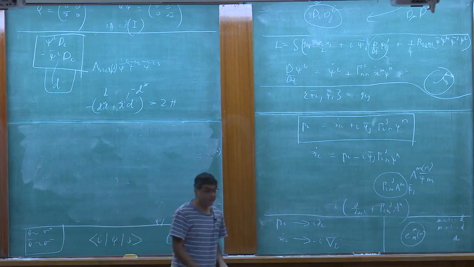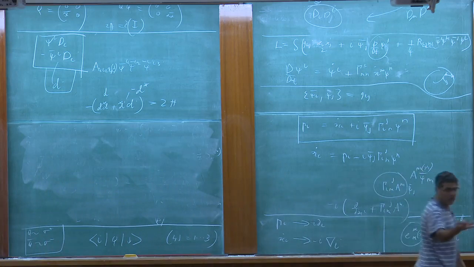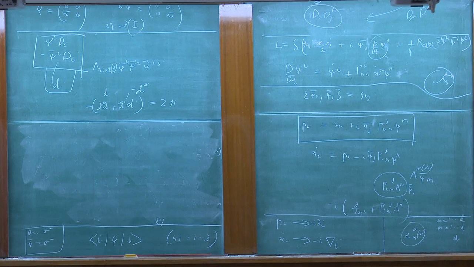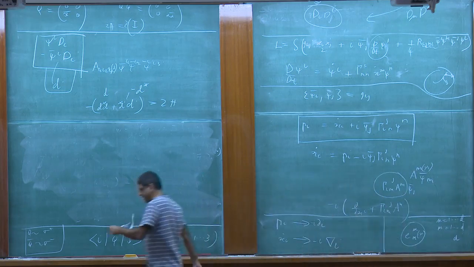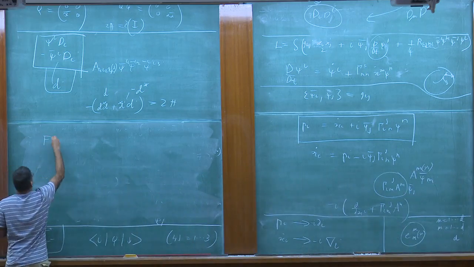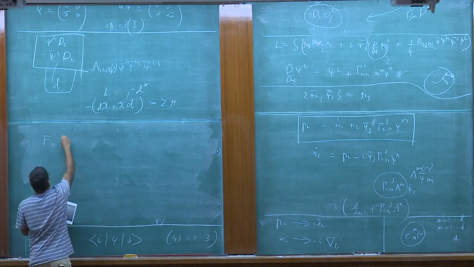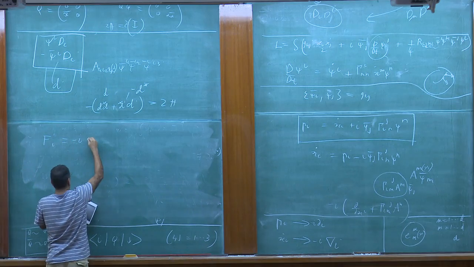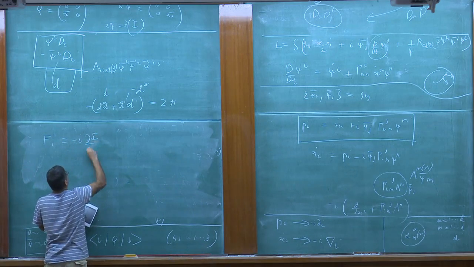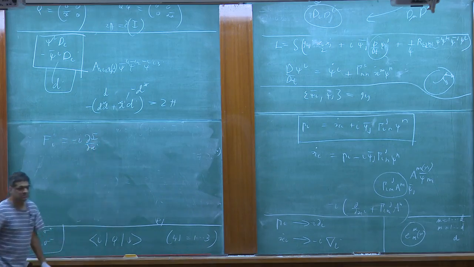He said, you forgot the F term. But we forgot the F term because F was 0 in the absence of this potential function. But now the F is back, so we have to take it into account. Let me remind you that in an earlier class we found that F_i was equal to minus i ∂h/∂x^i, the derivative of the superpotential.